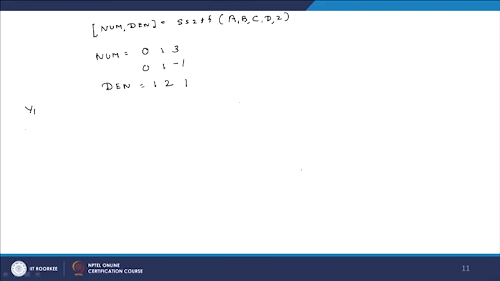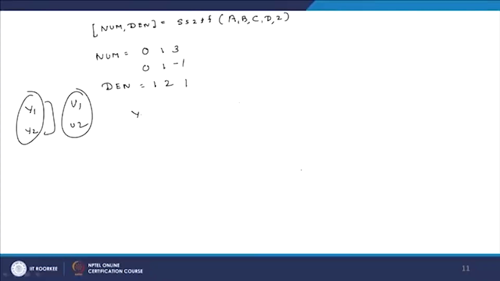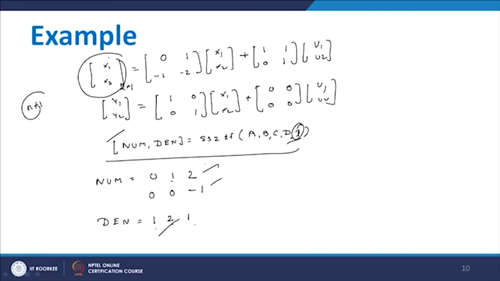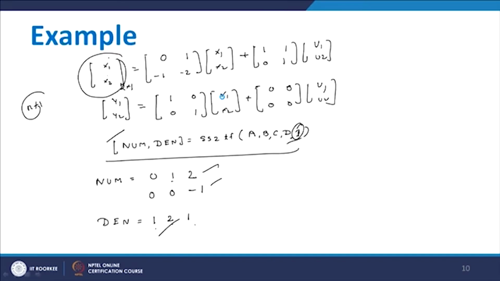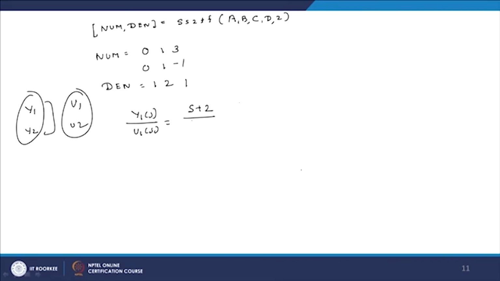Outputs are y1, y2 and inputs are u1 and u2. So here we will get 4 transfer functions. The first transfer function, because of input u1, is Y1(s)/U1(s), which we can write as (s + 2)/(s² + 2s + 1).